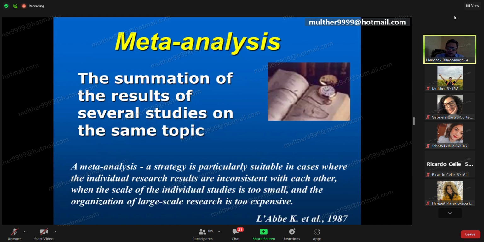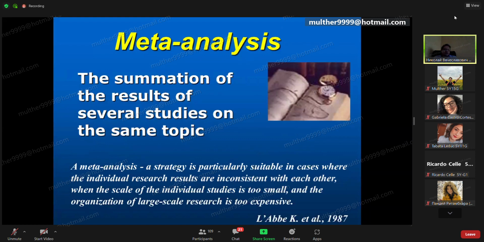The next form of presentation of clinical study results is meta-analysis. In simple words, it is a summation of the results of several studies on the same topic.